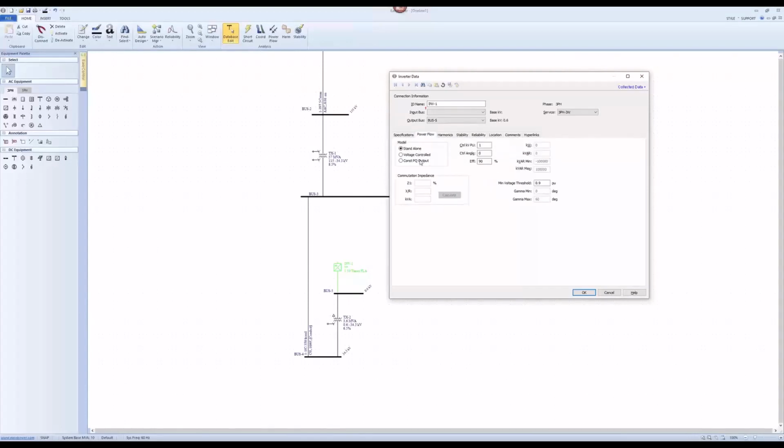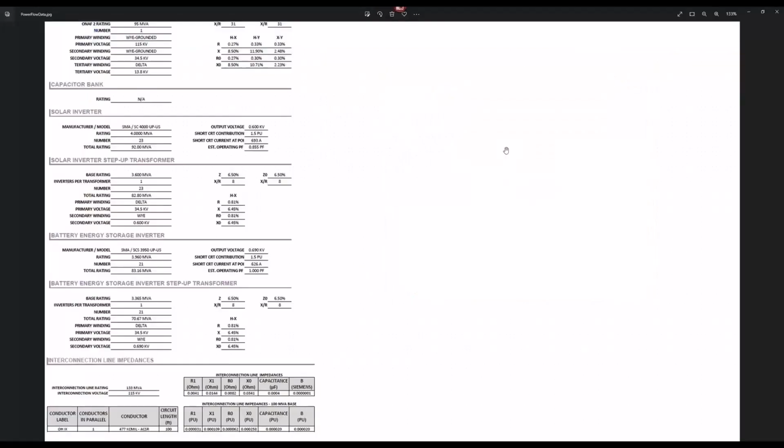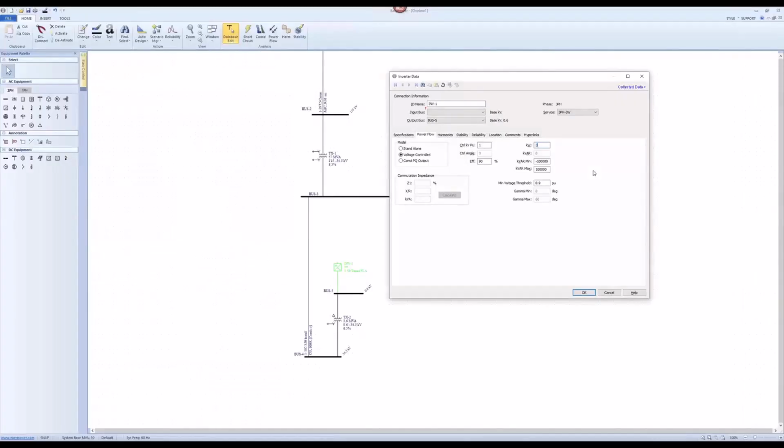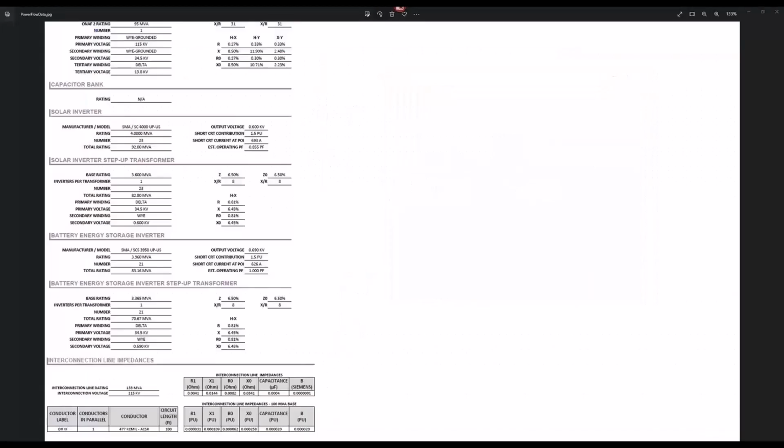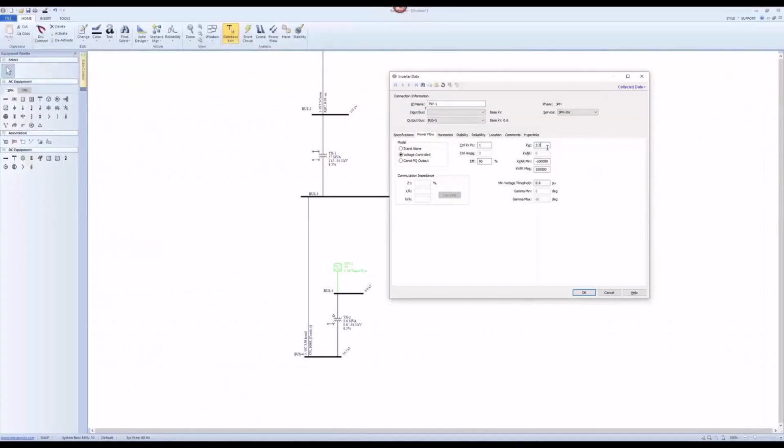For power flow, I would like it to be a voltage control, which is a PV bus, right? You want to control the voltage at 1 per unit. Kilowatts is according to the power factor 0.855. I would say it's about 3.5 megawatts, which is 3,400 kilowatts, right?